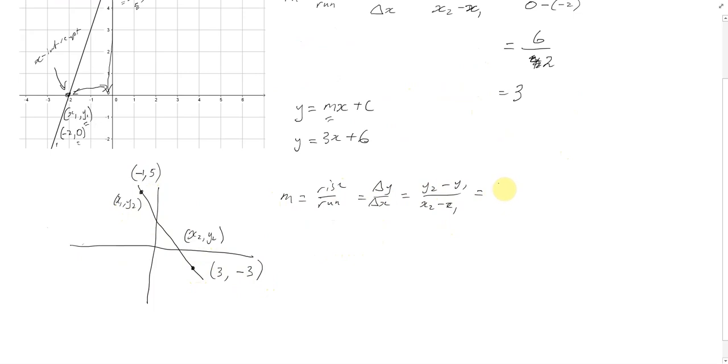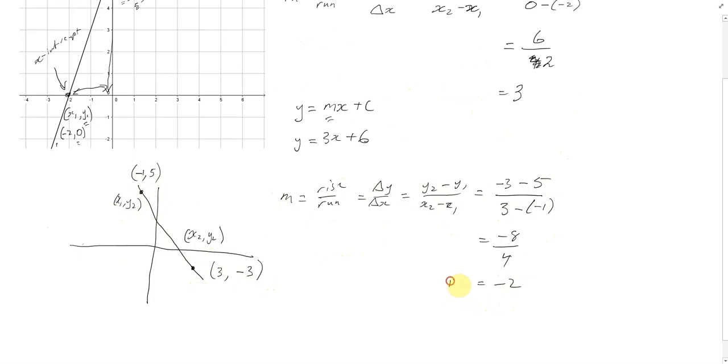So y2 is our -3, take away y1 is 5, and our x2 is 3, take away x1, -1. So -3 take away 5 is -8, 3 take away -1 is 4, -8 over 4 is -2.